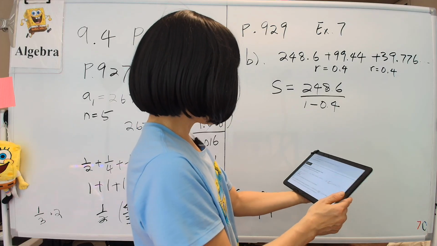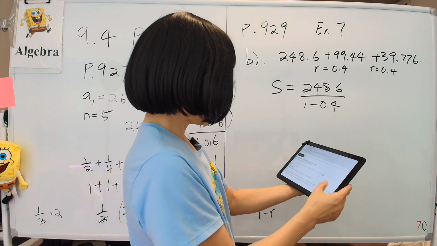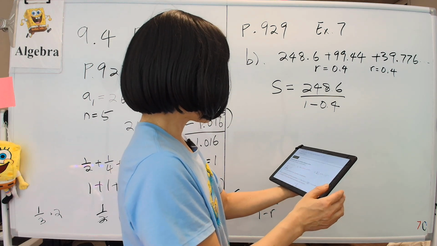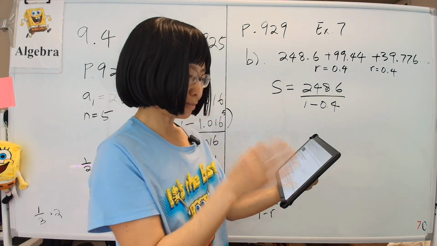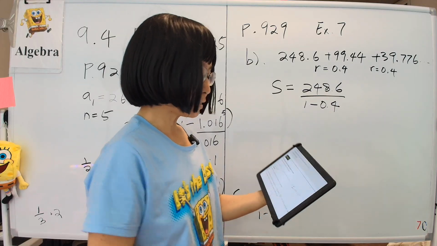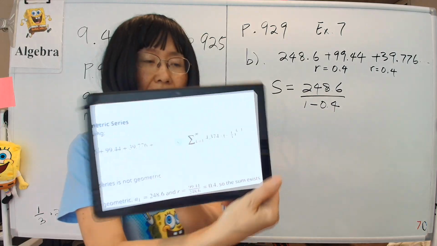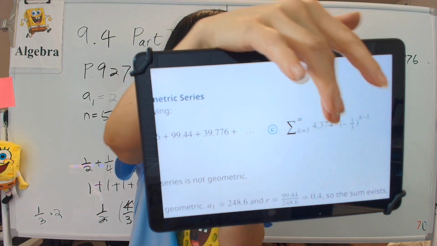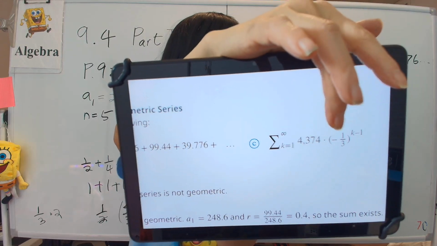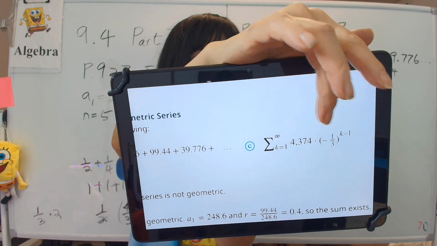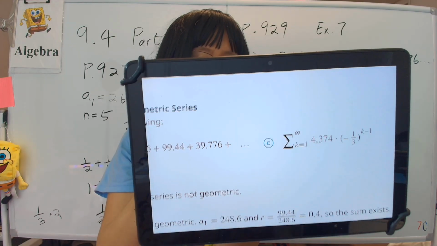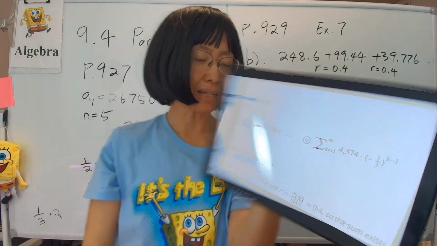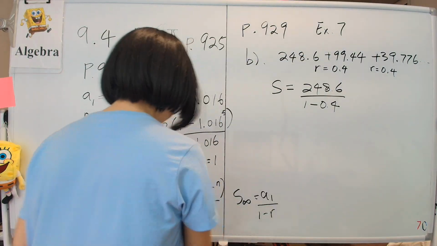And then next, let's do part C, which has a specific ratio here, which is -1/3. Now, -1/3 is between -1 and +1, so that is a defined series. That is, this series will converge to a number when you add it from 1 to infinity. So let's write out what it is.